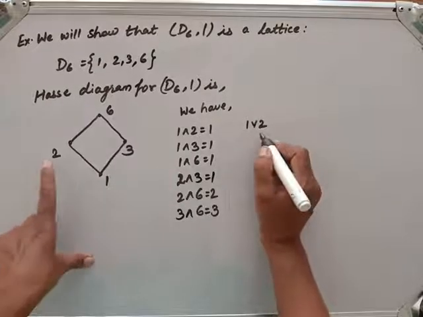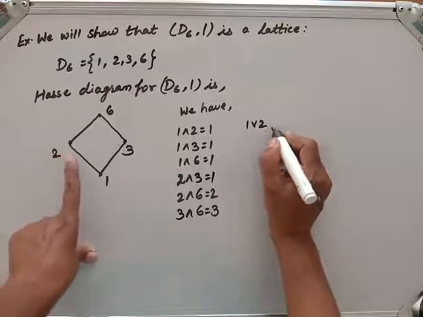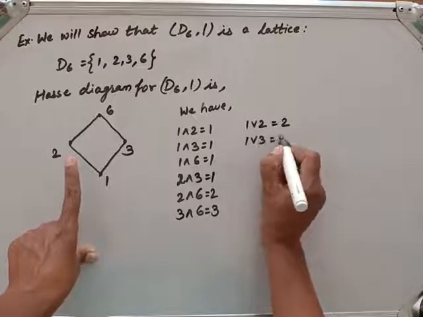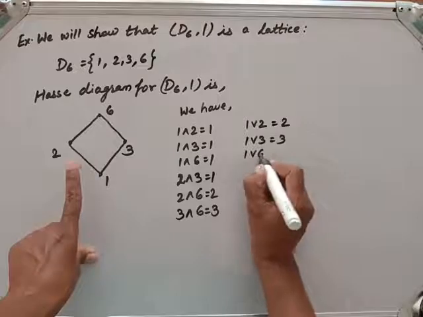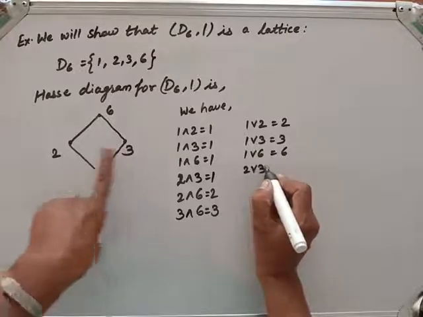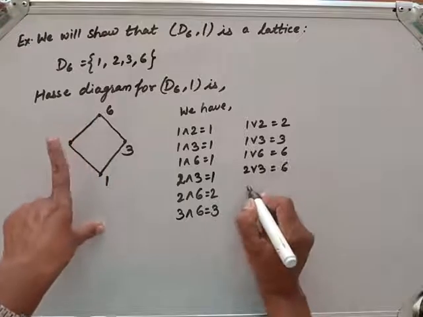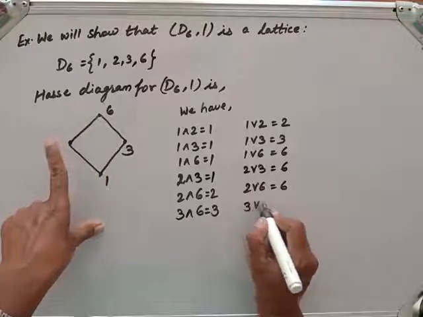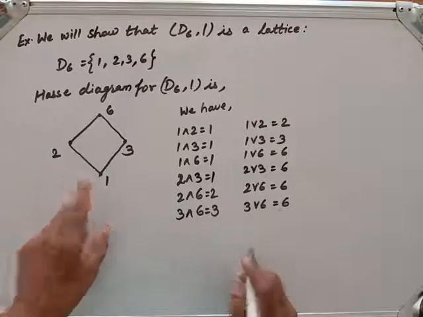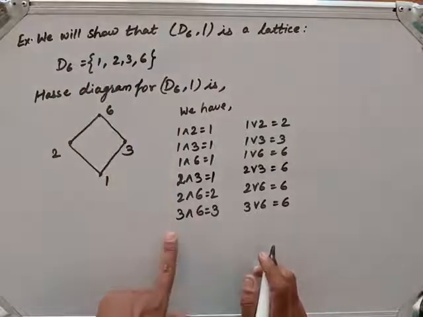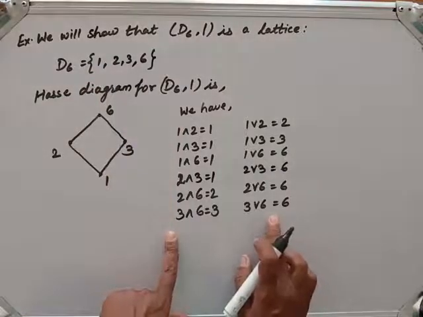Now let us check the upper bounds. 1 join 2 is 2. 1 join 3 is 3. 1 join 6 is 6. 2 join 3 is 6. 2 join 6 is 6 and 3 join 6 is also 6. So every pair in D6 has a least upper bound as well as a greatest lower bound.